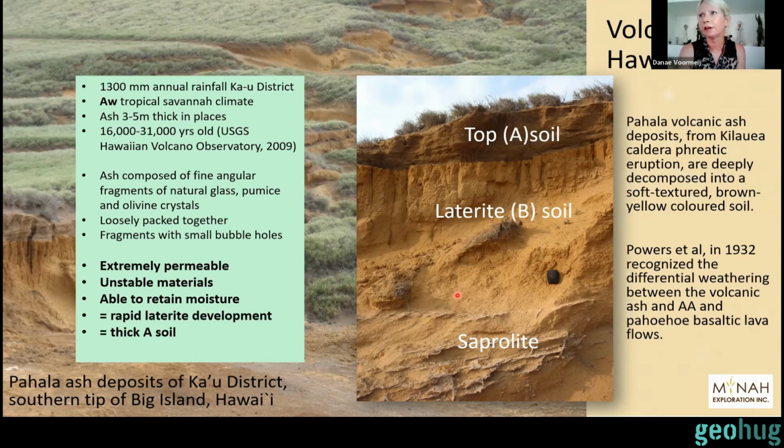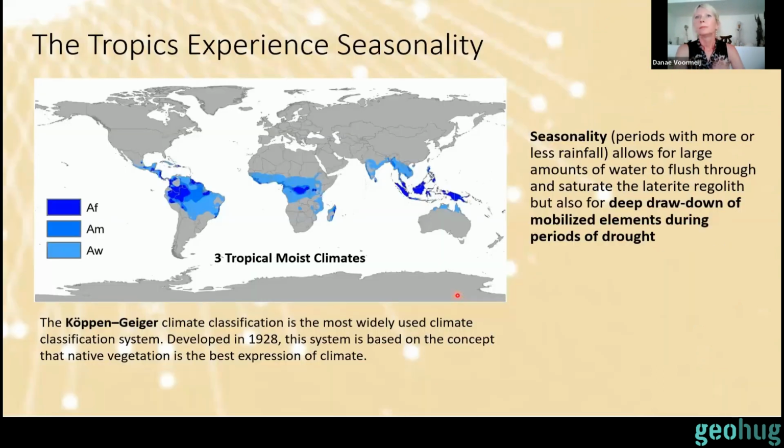So let's look at these climates. The tropics experience seasonality. I was surprised when I found out, but they certainly do. And you can tell by looking at the rainfall. But let's first look at the 3 tropical moist climates. So we have the Af, which is the rainforest. We have the Am, which is tropical monsoon.